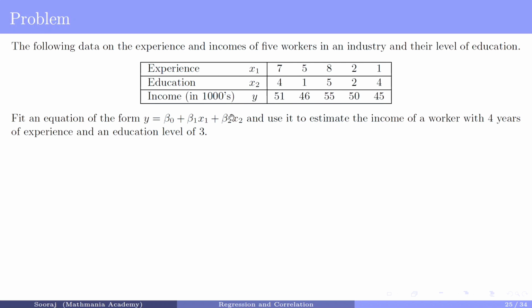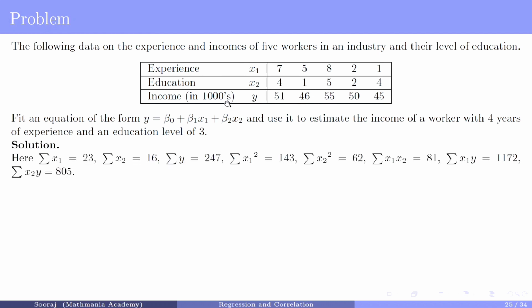Here we have a problem. Based on experience and education, income in thousands is determined. We are asked to estimate the income of a worker with 4 years of experience and an education level of 3.